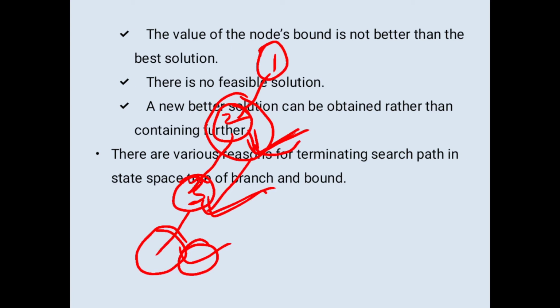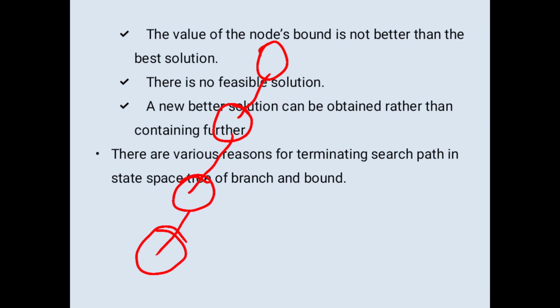The next one: a new better solution cannot be obtained by continuing further. Suppose we can't get the feasible solution, then again it will be expanded for further processing. So there are various reasons for terminating a search path in a state space tree for branch and bound.